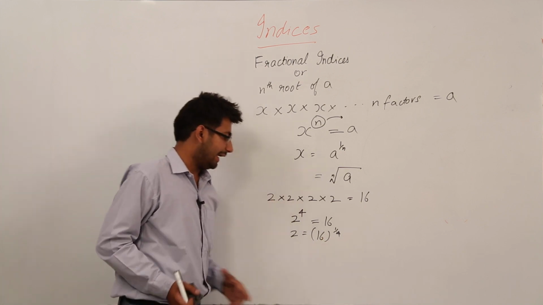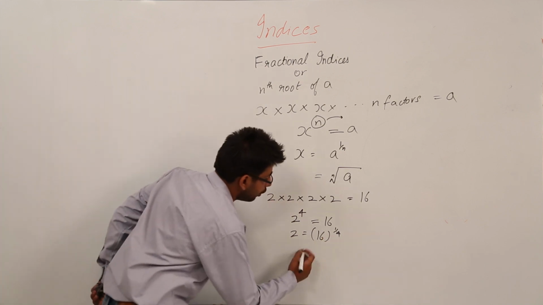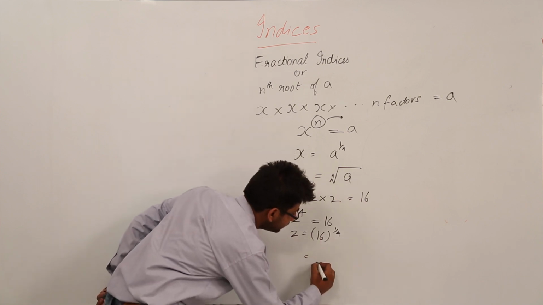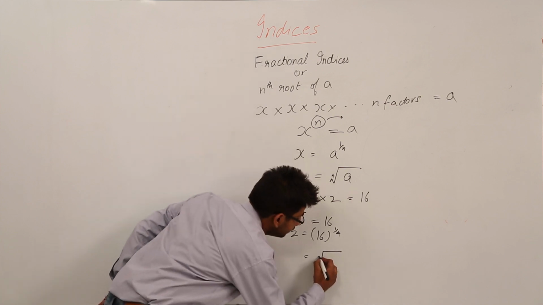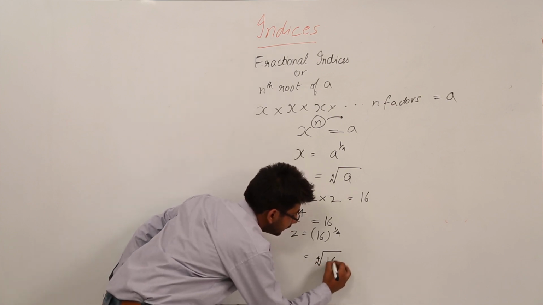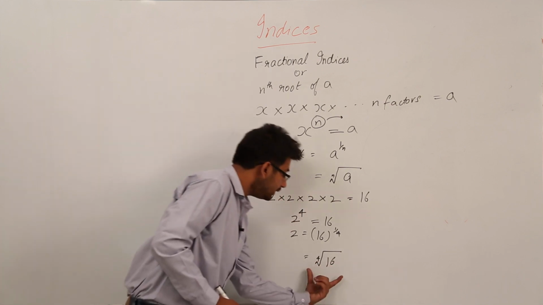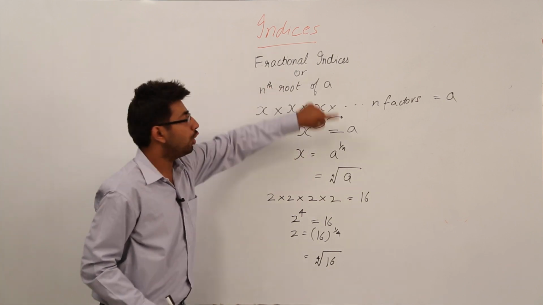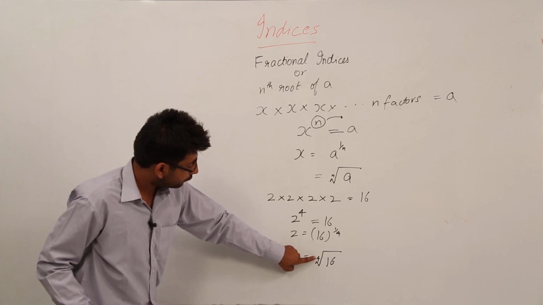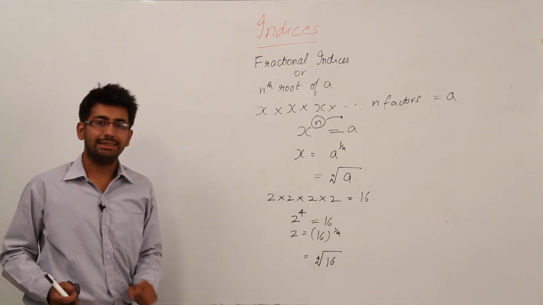This is my fractional index. Or this can also be written with the root sign, the fourth root of 16. That is why we call it the nth root of a, here the fourth root of 16.